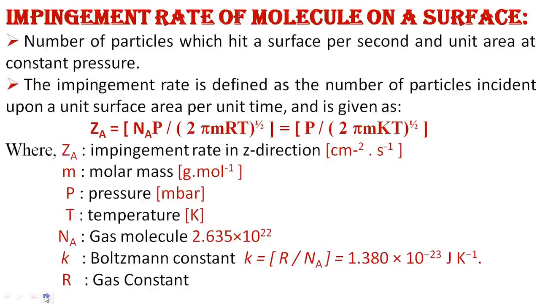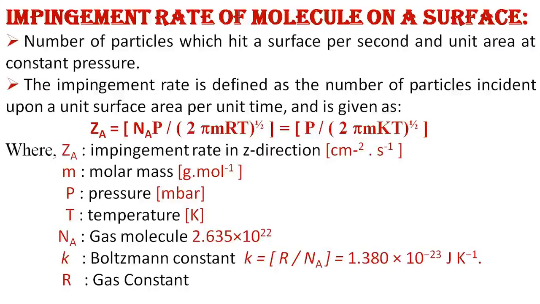So this is equal to P upon the square root of 2 pi MkT, where NA upon R is replaced by the constant K.